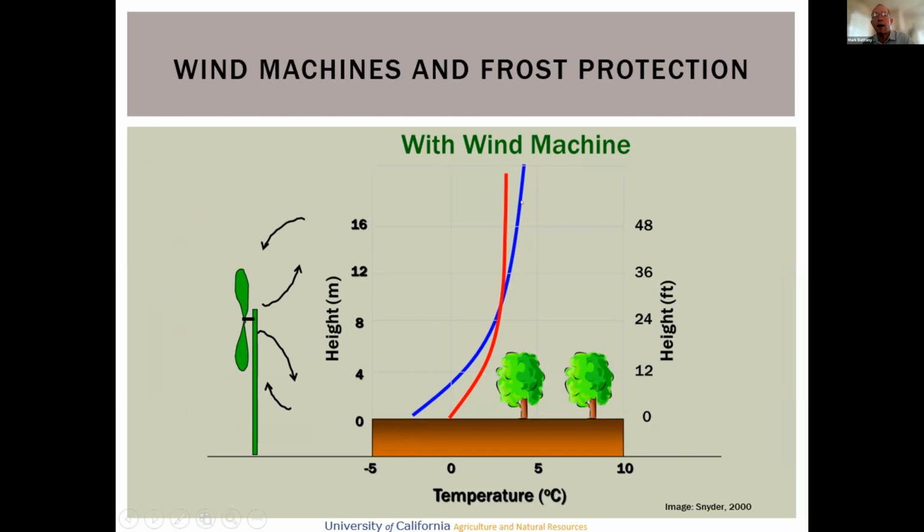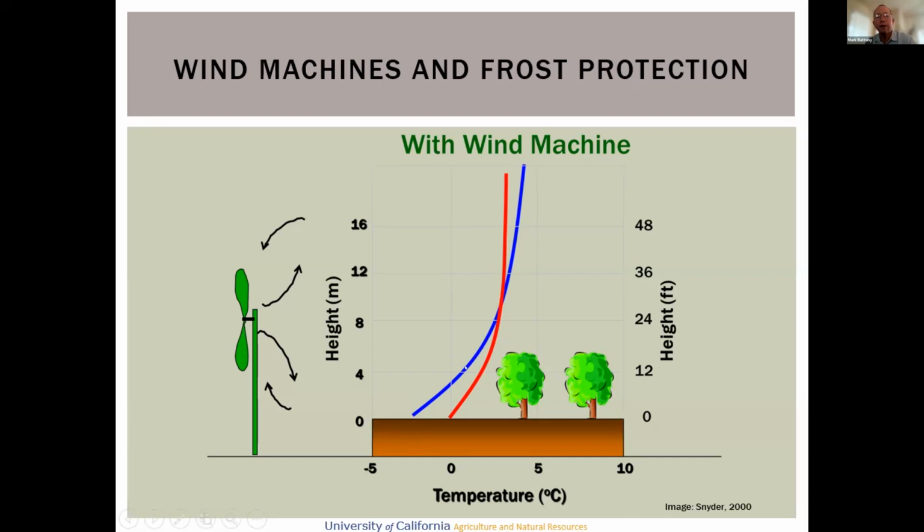So that's a common inversion type condition. Then when we turn on the wind machine, that results in the red line here. The air temperature near the ground becomes warmer. The air temperature up high actually becomes colder. We don't care about that because our crop is not that high. What we're trying to do is basically take the warm air that's up high and mix it down low to blend the two and end up with the warmer air down near the ground surface, which is what we want.